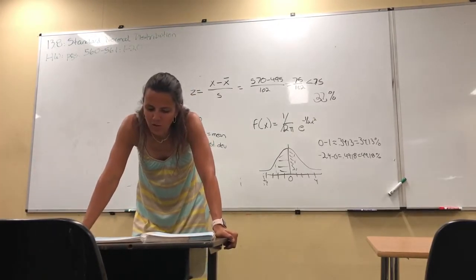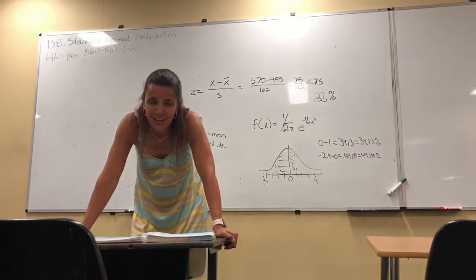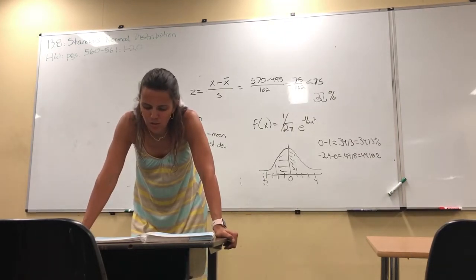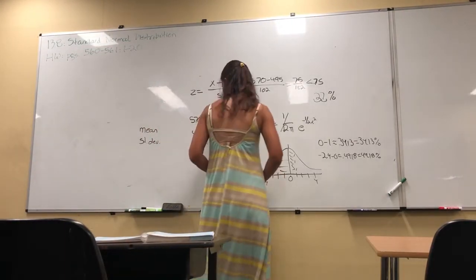All right, now, example 2. What percentage of scores occur between negative 2.03 and 1.37? So we're looking at this standard distribution again. Let's erase what we wrote.